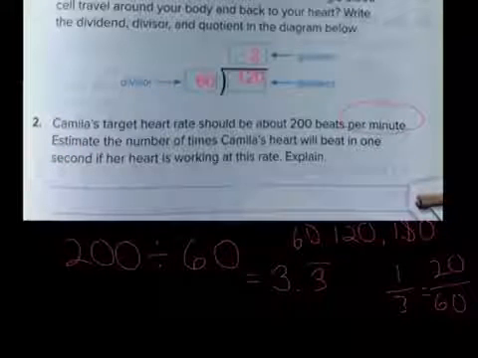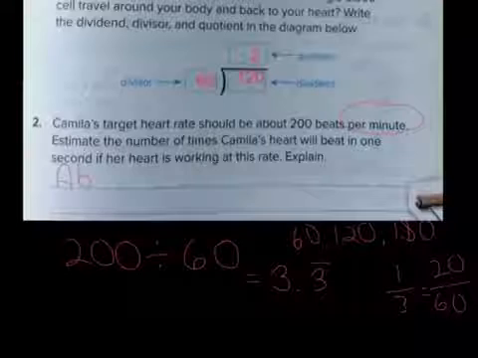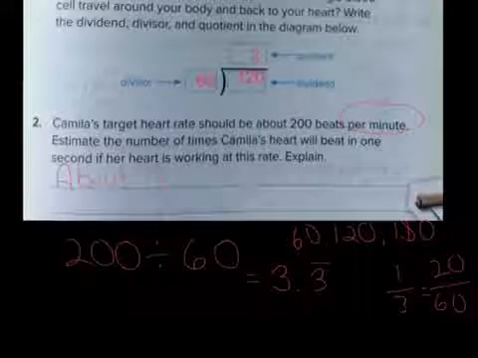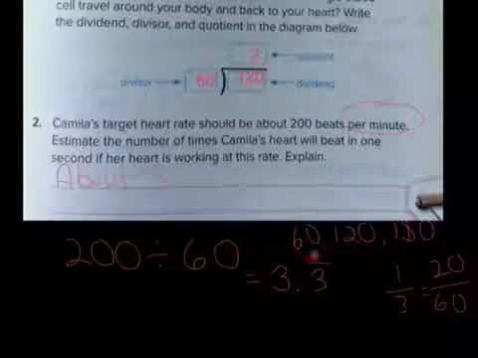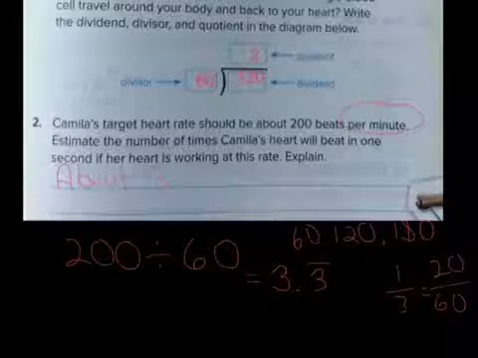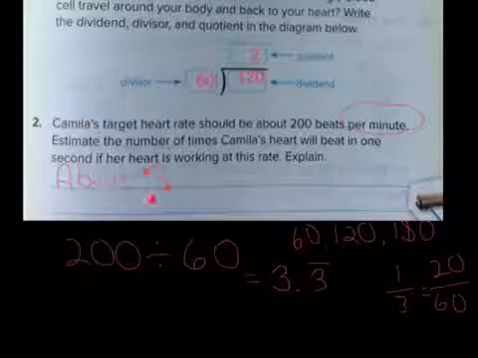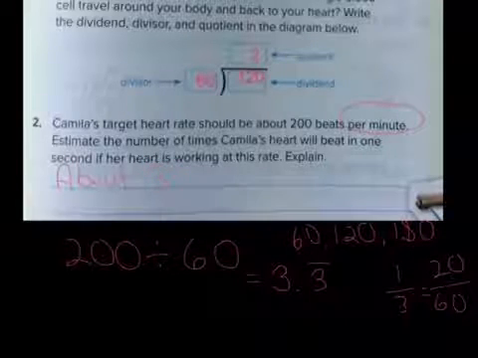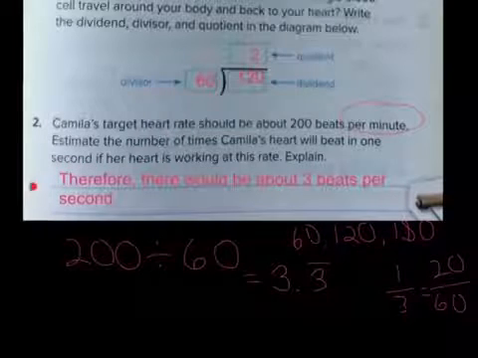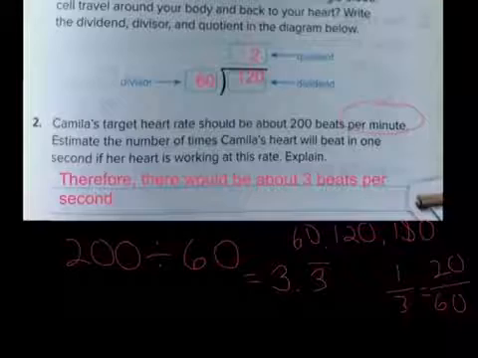Well, the other way to estimate would be to say about 3, because we know there are 3 60s, which we counted right here, in 200. So about 3 beats per second. Copy this sentence down as your key answer: therefore, there would be about 3 beats per second.